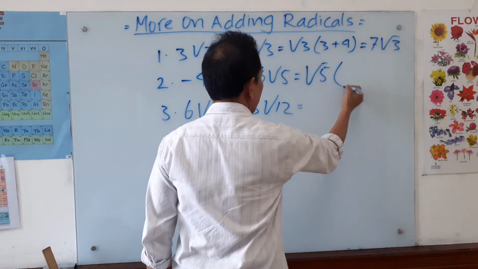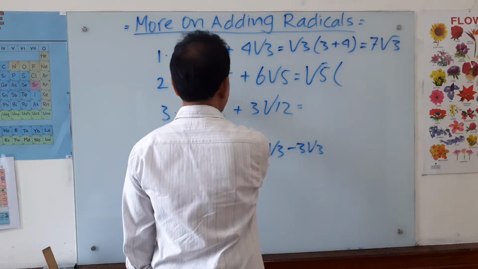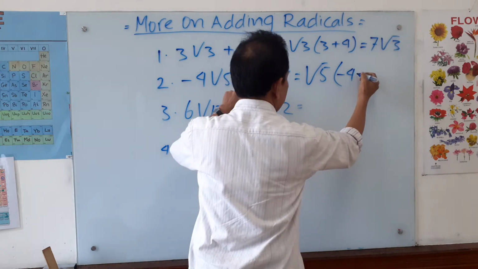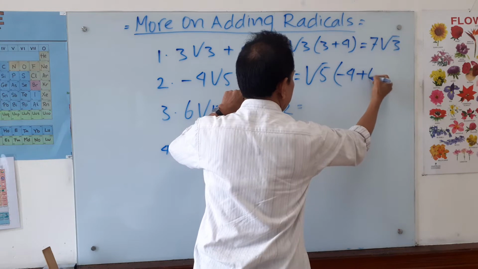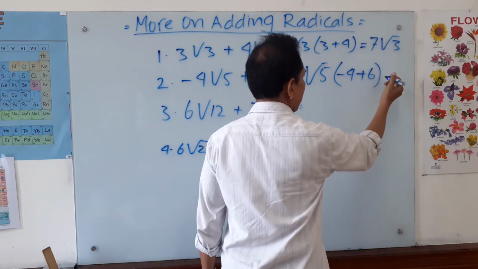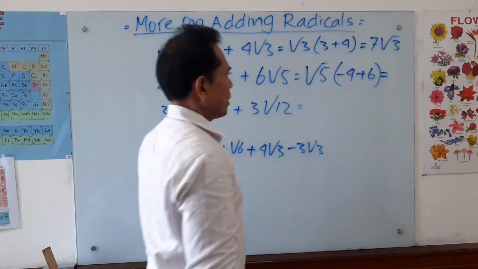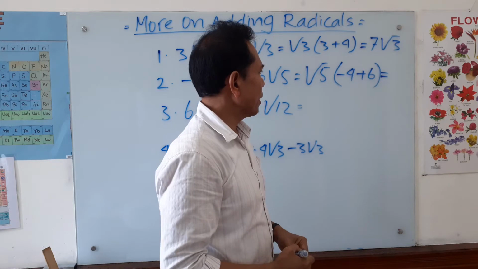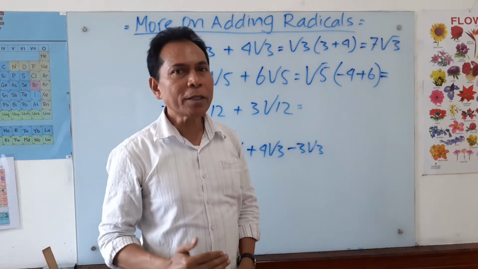We open the bracket. We have minus 4 plus here 6. We close the bracket. Now we put equal sign here. Minus 4 plus 6. Minus and the plus is minus.